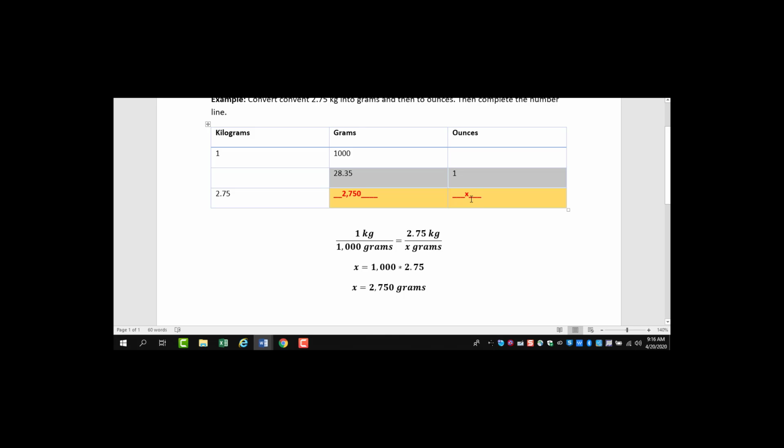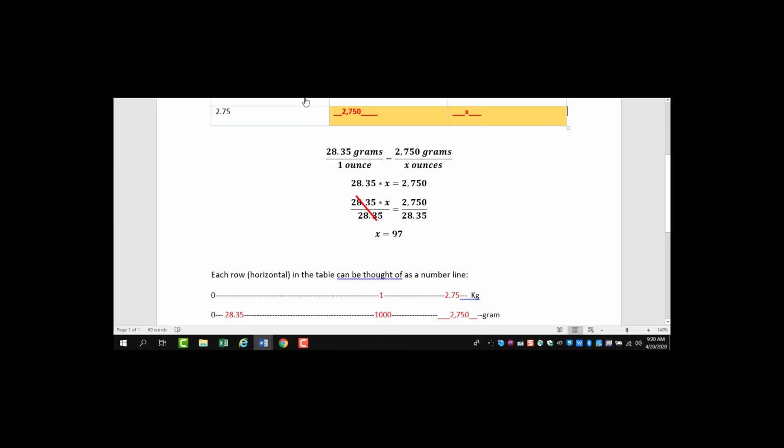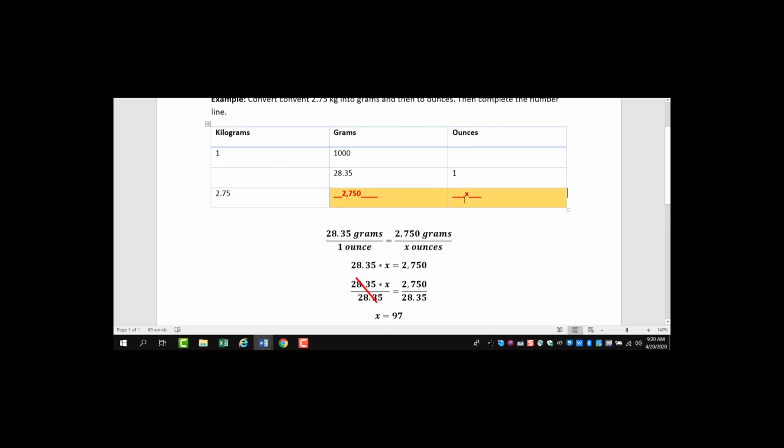Now I would hit pause if I were you and see if you can do this. So there's our work. Cross multiply and then divide. 28.35, any number divided by itself is 1. 1 times X is X. And so this is a technique that is really what you needed to learn for 5.1. So now I can put the 97 here.